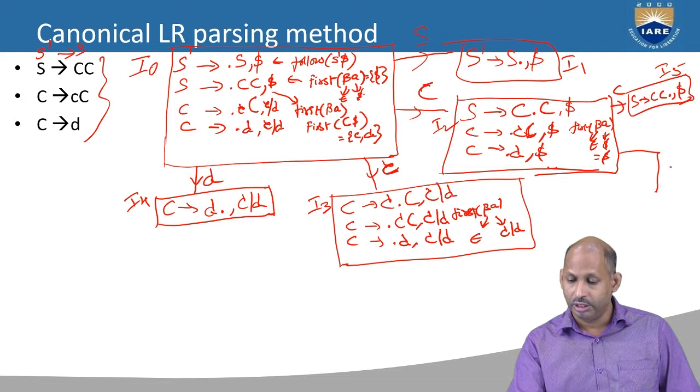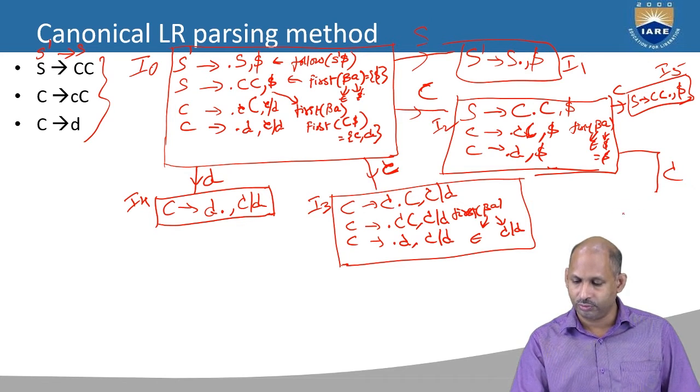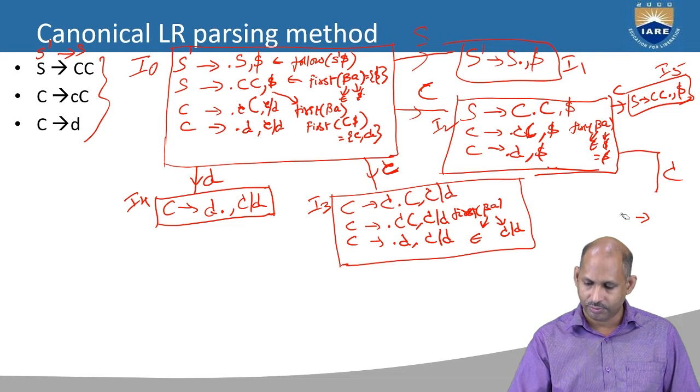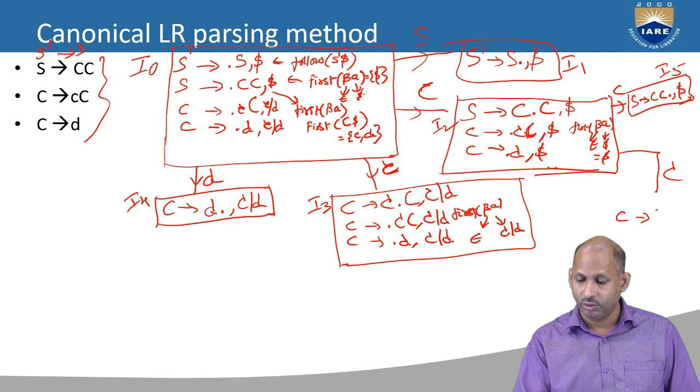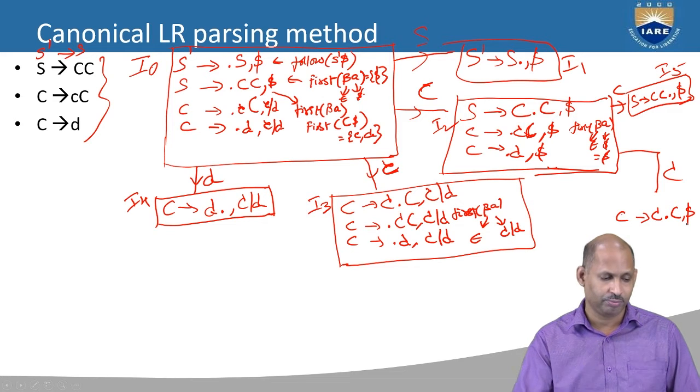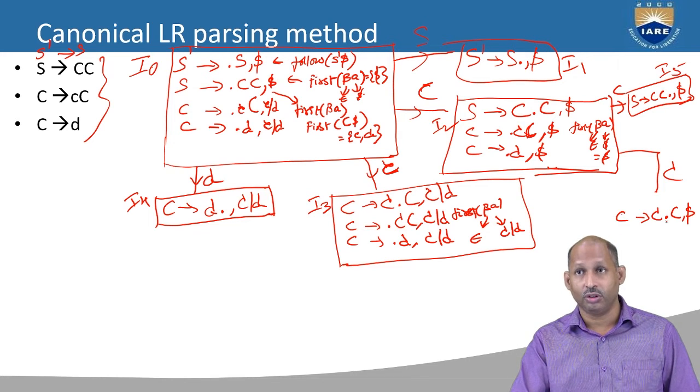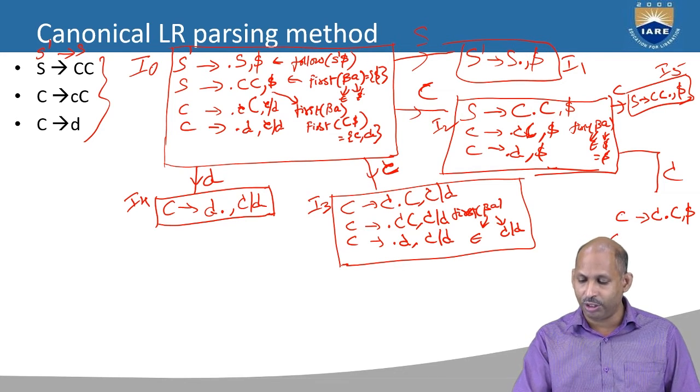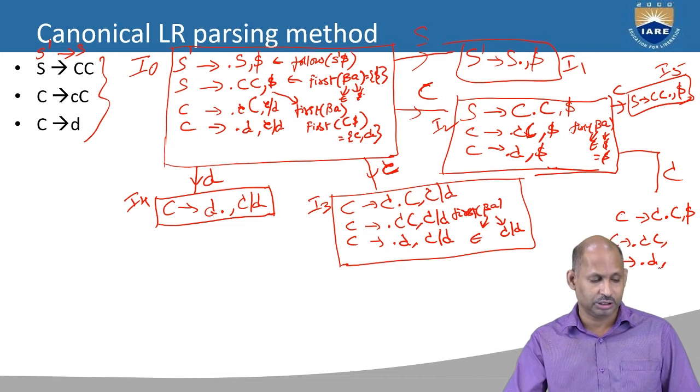Now terminal C is the input. On terminal C, C gives terminal C dot variable C followed by dollar sign. Now if we observe here, dot followed by variable, add variable productions. So we added both productions.